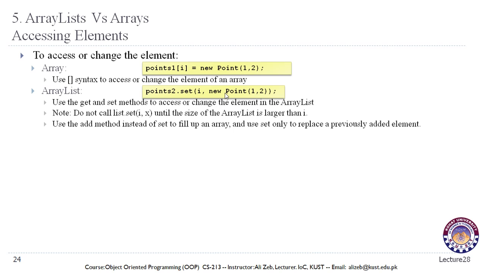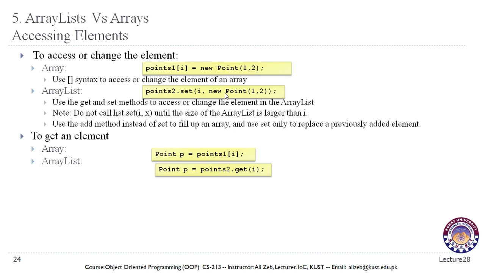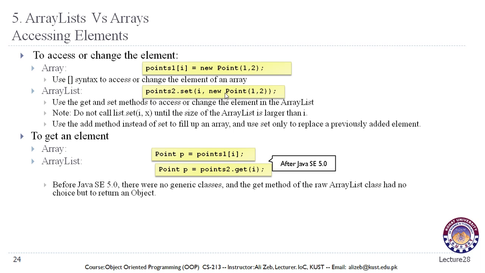So as we saw in our example in previous slides, we can only use the set method for replacing an already existing element in the array list. But if we need to add something to the array list, then we will be using the add method. To get an element from an array, you can use the index position of the array and store it in a new object, and we can use the get method for the array list.